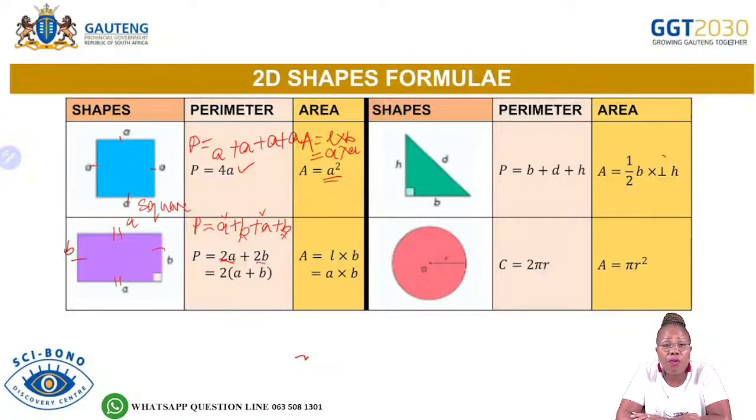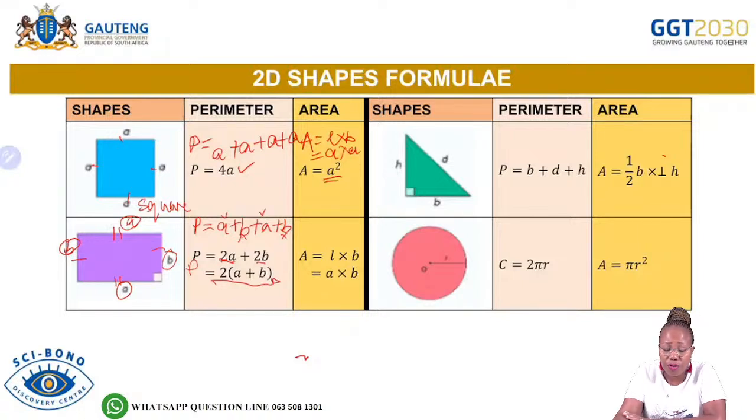So the perimeter will be 2A plus 2B, that is the distance around this shape. Then we take out a common 2, grade 12, so we end up with perimeter equals 2 into A plus B.